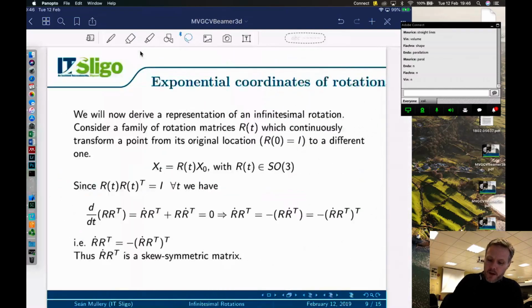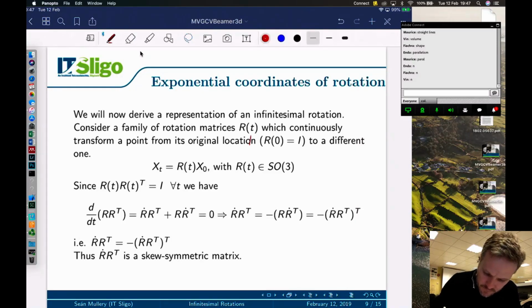Okay. So what we're now going to do is derive a representation of the infinitesimal rotation, and we're going to do this by considering a family of rotation matrices, R of T. The T is how much you're rotating by, the angle, and there's the direction you're going to rotate in.